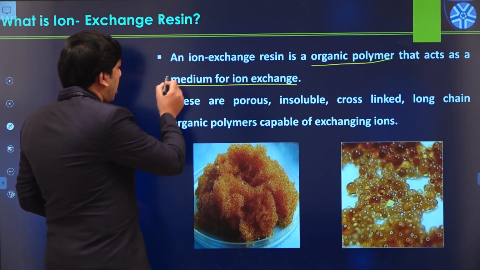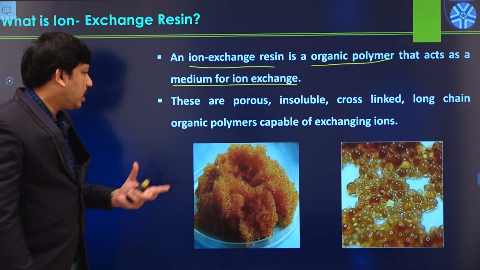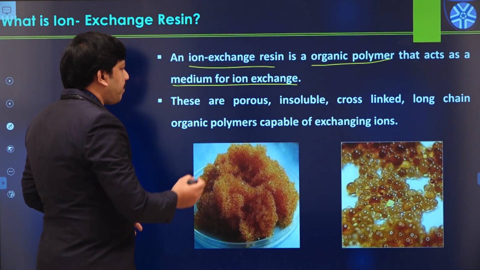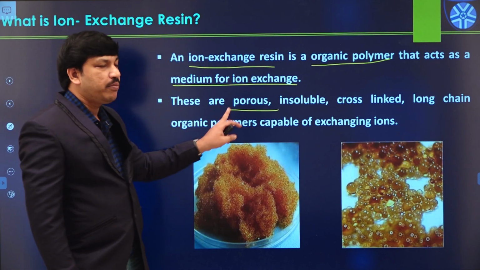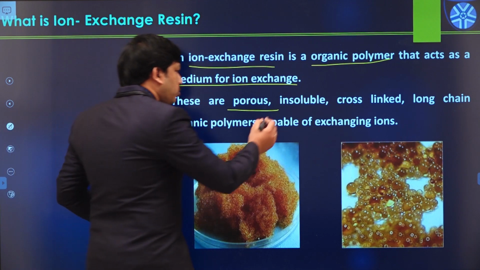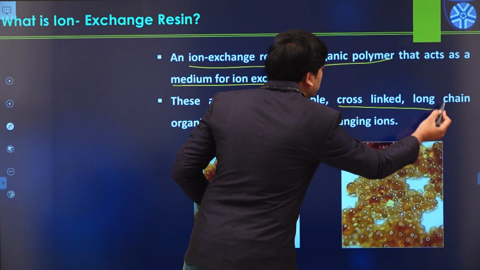So like this, an ion exchange resin is one of the organic polymers acting as a resin, and these polymers are porous in nature. If you see the structure of this material, these are highly porous, insoluble in water medium, and they have a cross-linked long chain structure.